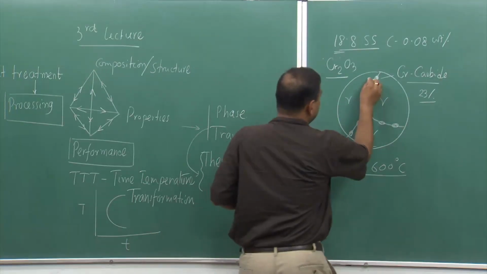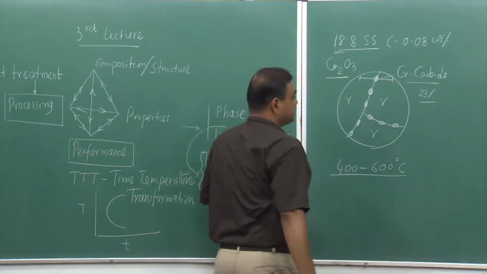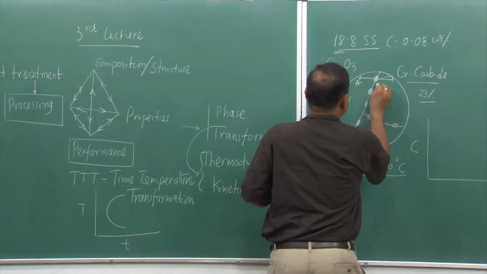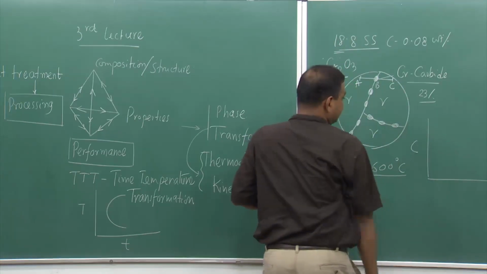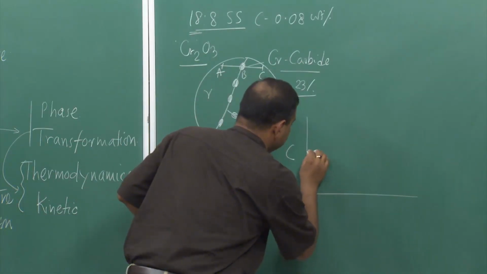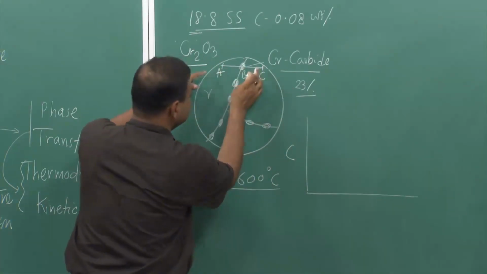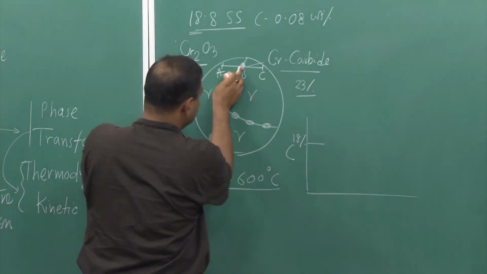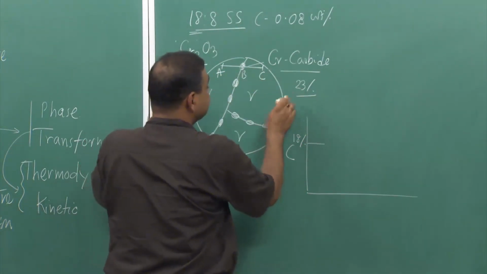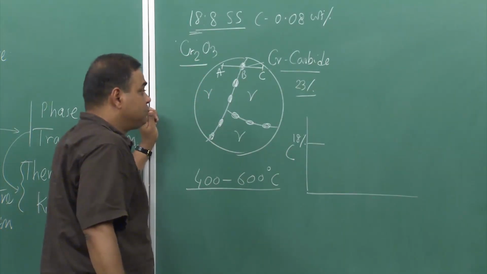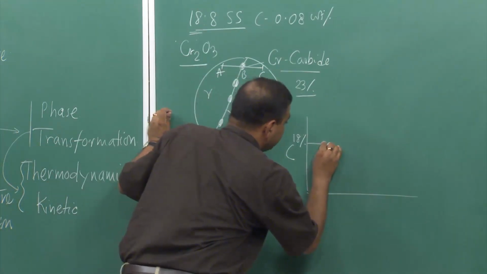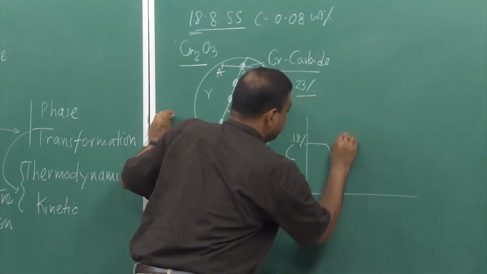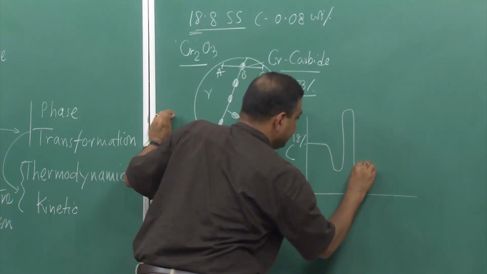Now, if we see along this particular line what the composition is, this is A, this is B, this is C. The chromium percentage further away is of course 18%. Now, as we go closer to the chromium carbide, because the chromium percentage has to increase in order to form chromium carbide, the chromium percentage locally around the precipitate decreases, then goes up a little bit, and then again decreases like this.